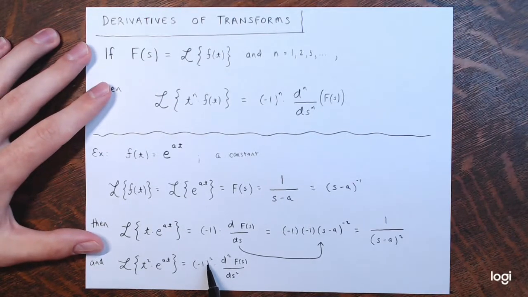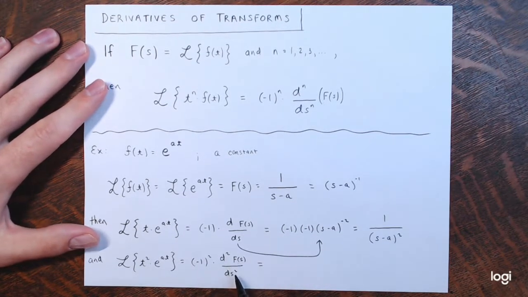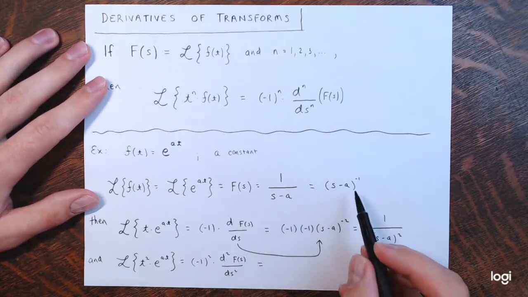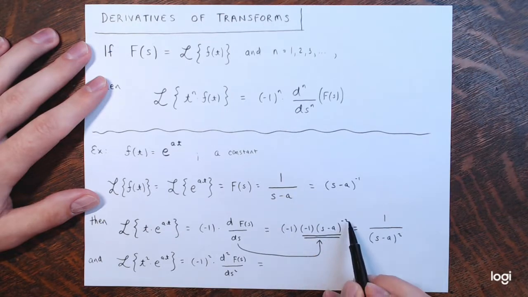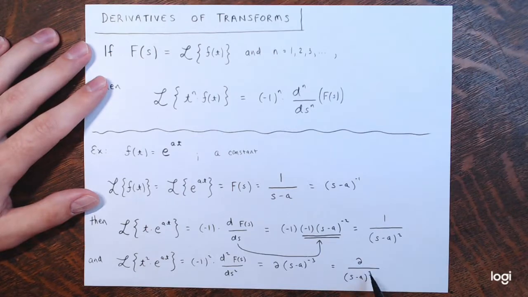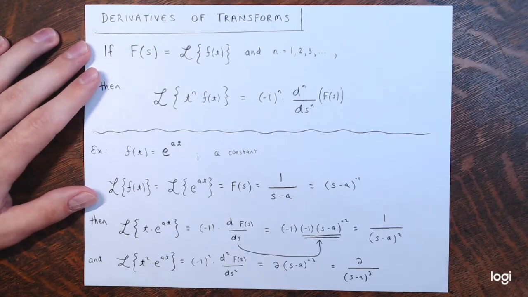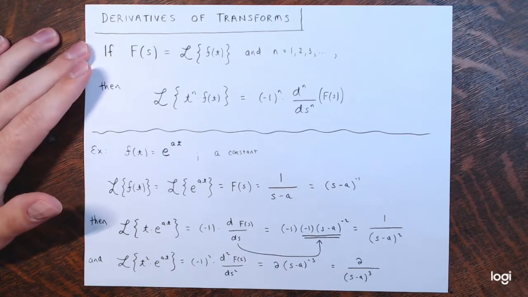Well, negative 1 squared is just positive 1, so what I end up with here is just the second derivative of F of s. Well, we know the first derivative here, that's the first derivative that I just double underlined. So the second derivative would be positive 2 times s minus a to the negative third, or 2 over the quantity s minus a cubed. And there's the Laplace transform of t squared times e to the at for any value of a.